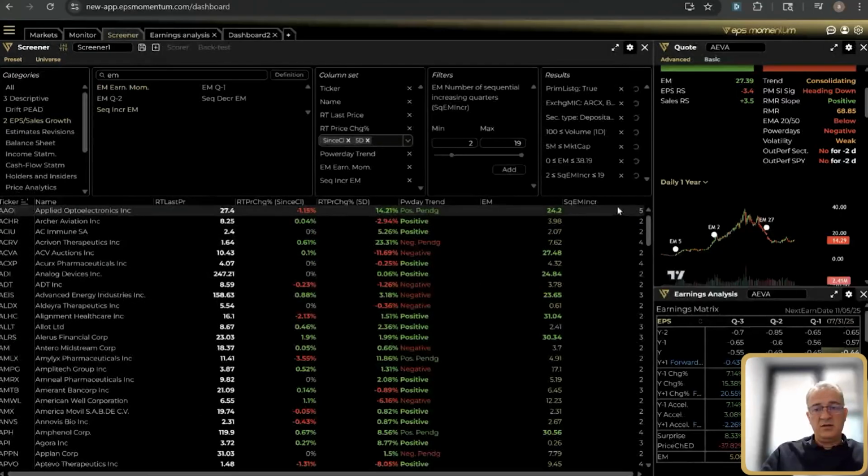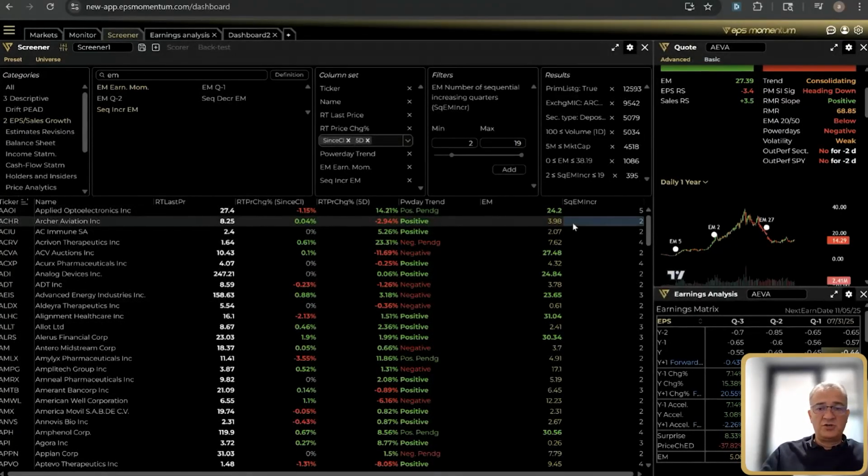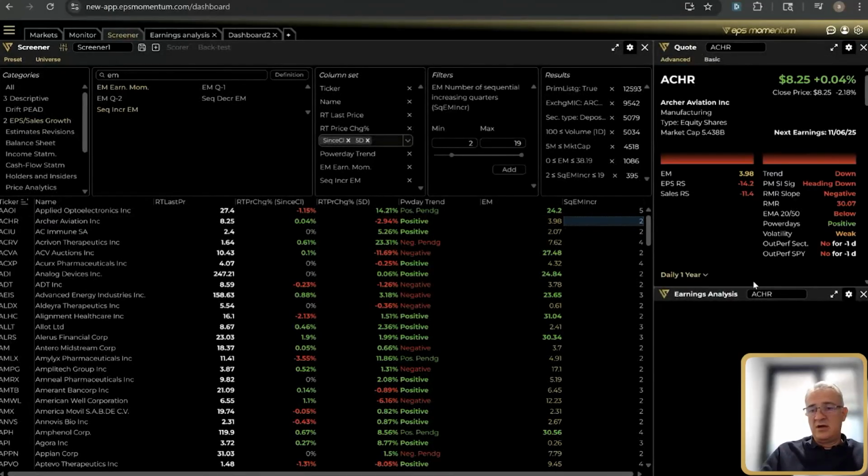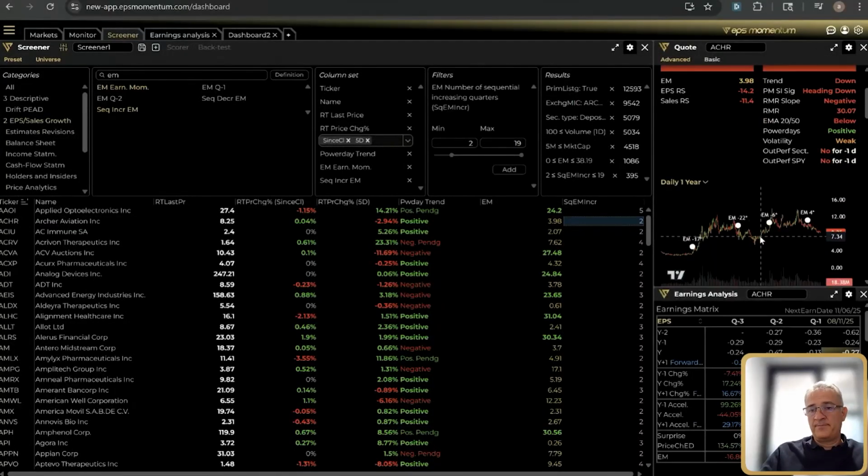So now I can see at least 2 quarters of increase in EM. Archer Aviation is a good one. We see -22, -6, +4 now. But it looks like a lot of red here, including the revision score. So although the EM is improving, it's still challenging on the estimates, right?